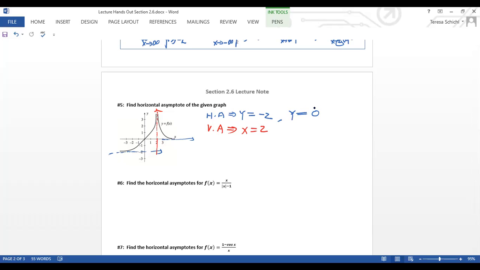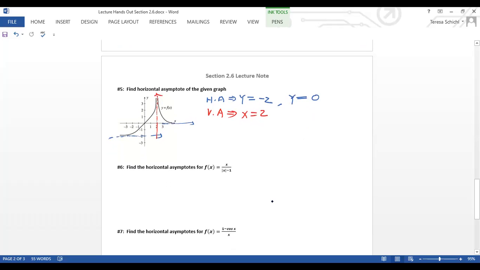Okay, so now let's take a look here. This one is a very good problem. Let's find the horizontal asymptote for f of x. We know the definition of the horizontal asymptote is x approaching infinity, right? So as x approaches infinity, this is x, and this is the absolute value of x minus 1.